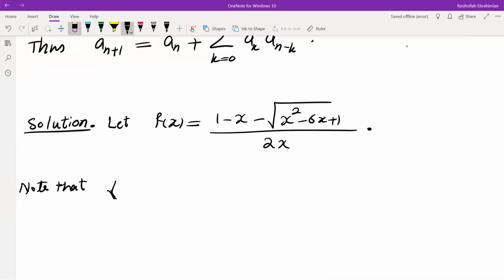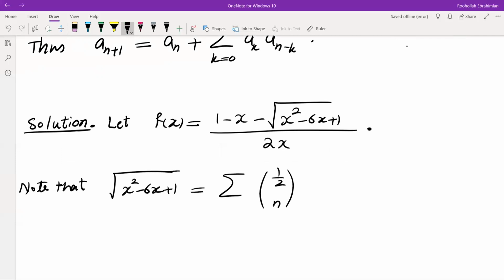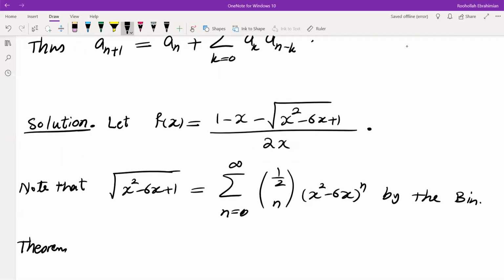Okay, so note that root x squared minus 6x plus 1 is equal to the sum of 1/2 choose n, x squared minus 6x to the power of n, n equals 0 to infinity, by the binomial theorem, as long as the absolute value of x squared minus 6x is less than 1.